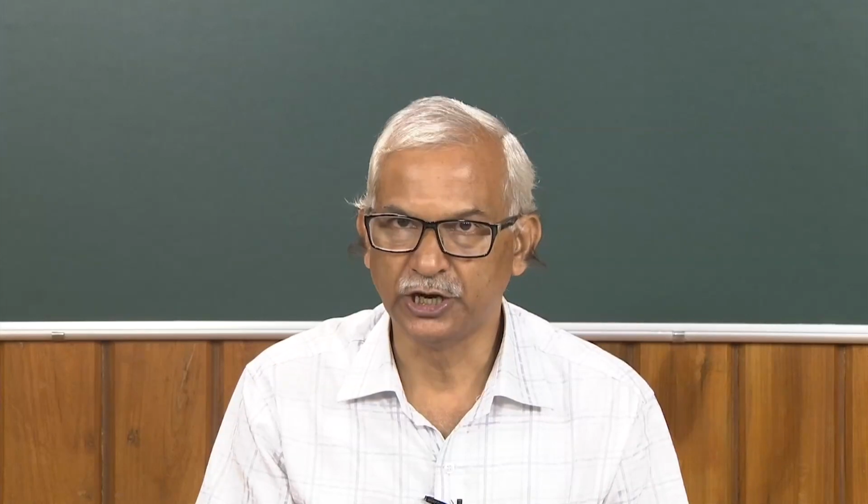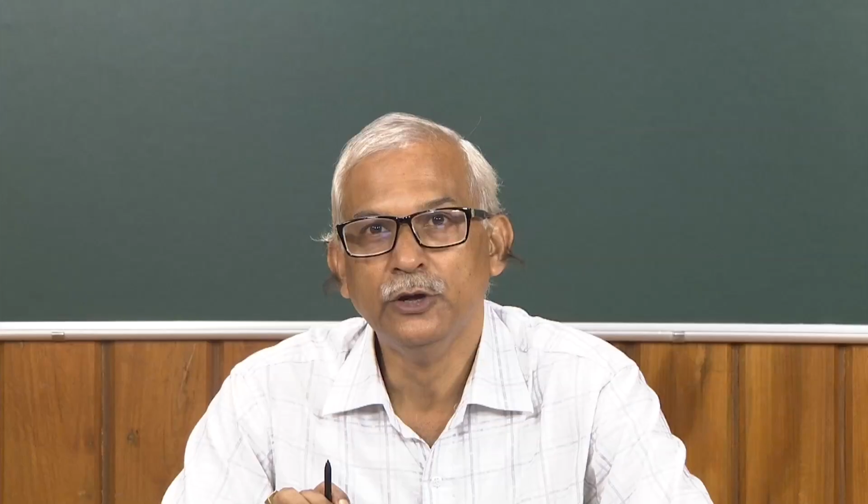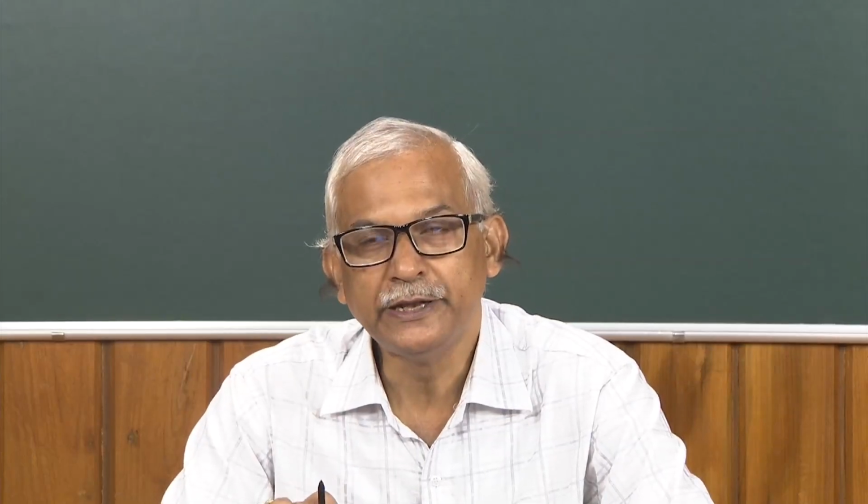When you use the Shannon expansion, we get 2 terminal nodes and 4 non-terminal nodes. Here I am trying to give an idea that if we use BDD, then for most Boolean functions we are going to get a compact representation. Okay, we will see in the discussion.